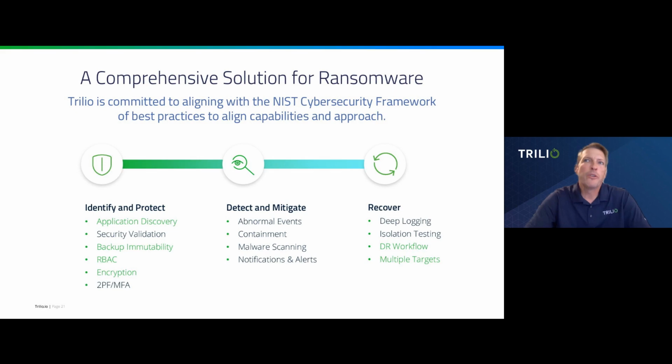We hear from a lot of IT managers that they have so many different development teams sharing these clusters, and sometimes they're not fully aware of everything that's been deployed in that cluster. So Trilio can help you find all of those things that are being deployed so that you know what to back up and protect.